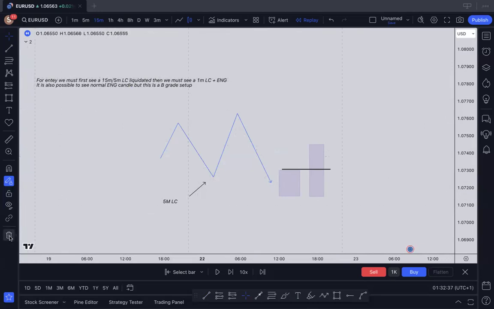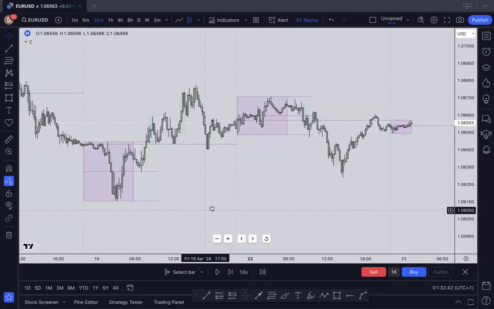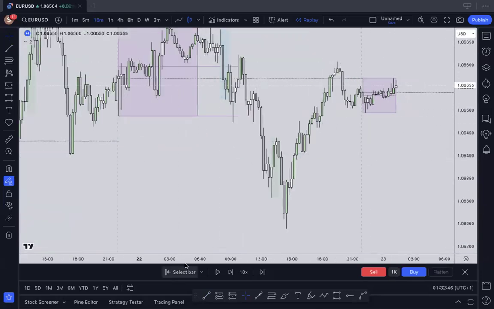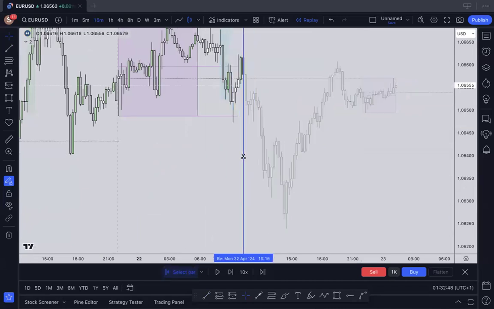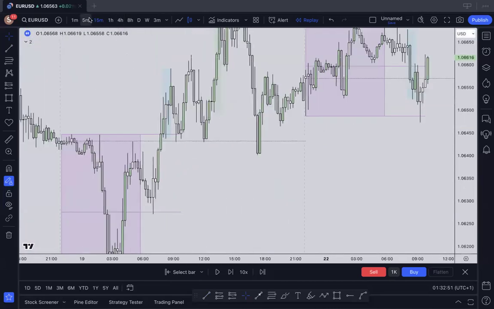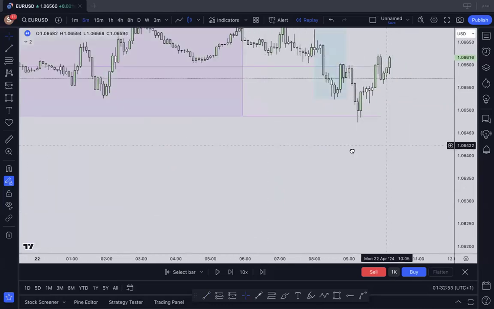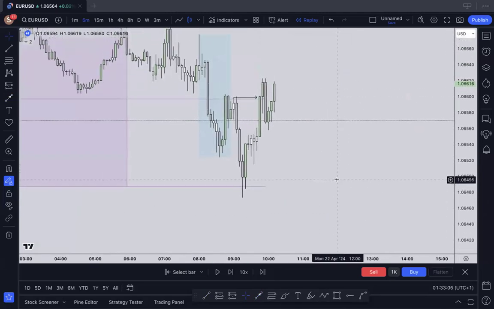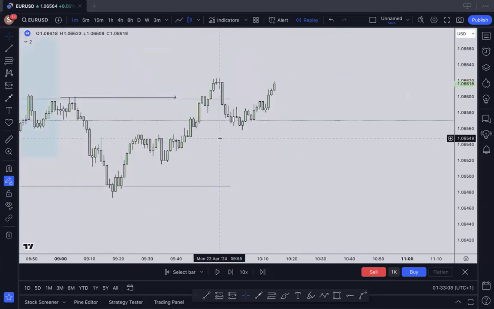So let's go onto the chart and have a look at some of these. Okay, so yet again, going today for the example. Here you can see we took out a liquidity candle right here. And then the next step would be for us to look for entry.